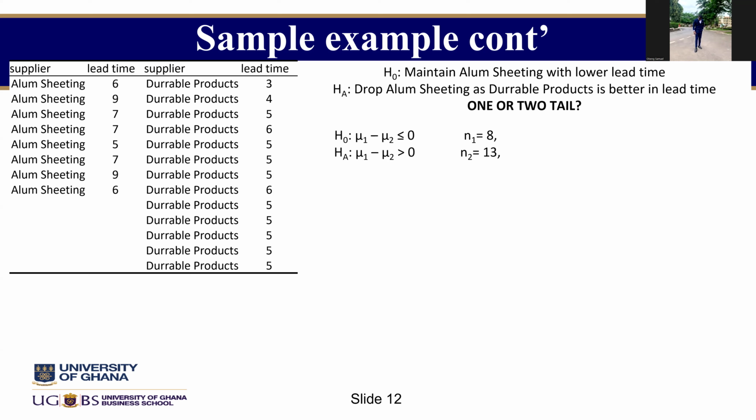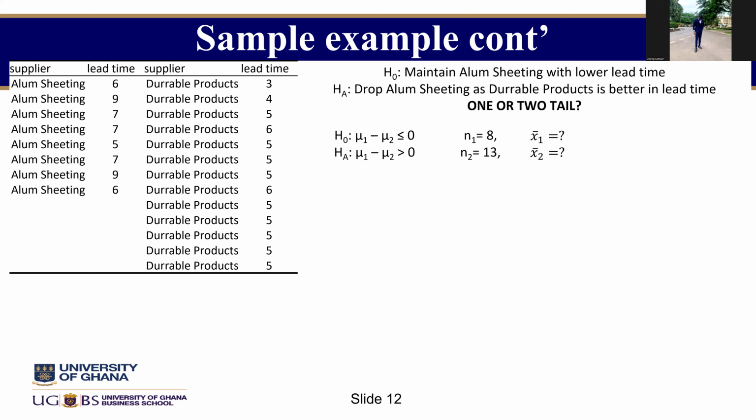You get the mean by, for instance, for alum sheets, summing up all the lead times, then you divide by the number of lead times, which is 8. So when you sum up 6, 9 plus 7, 7 plus 5 plus 7 plus 9 plus 6, we get 56. So 56 divided by 8, we get 7.